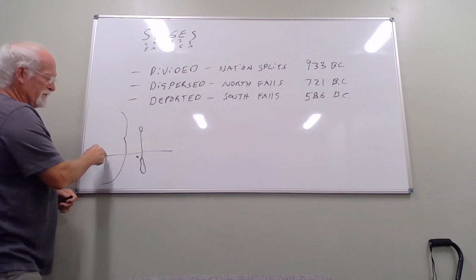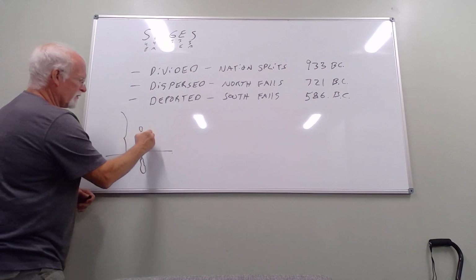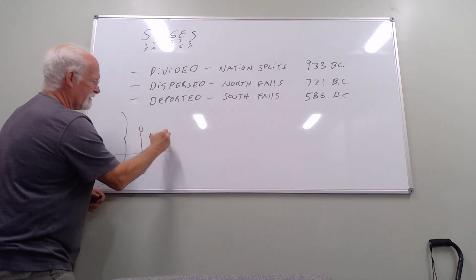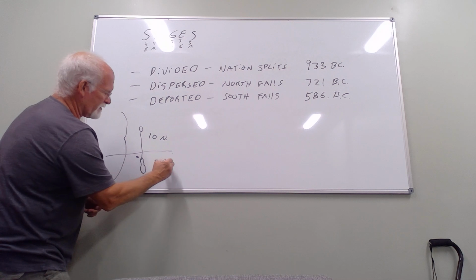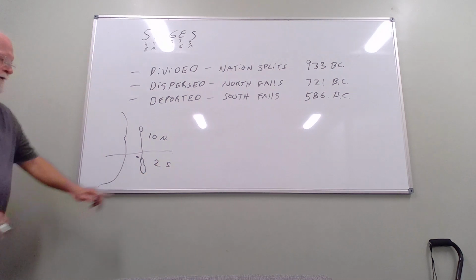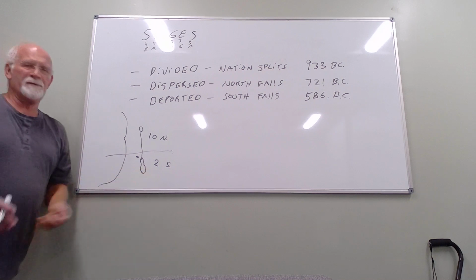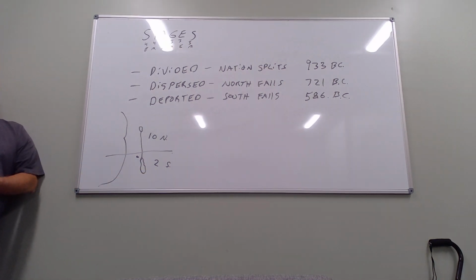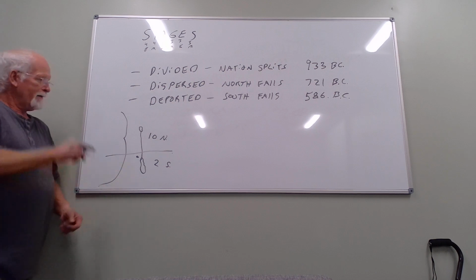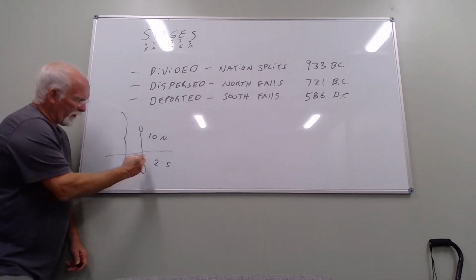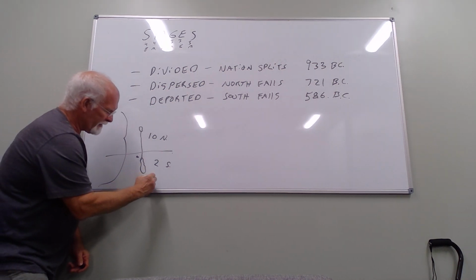Basically the nation splits in half. You've got 10 tribes that go north, and 2 tribes that go south. So that's Judah? Yeah, Judah and Benjamin are the 2 tribes. And Benjamin's really small. It's a small tribe. Judah just kind of swallows it up. But Judah is this whole area down here.